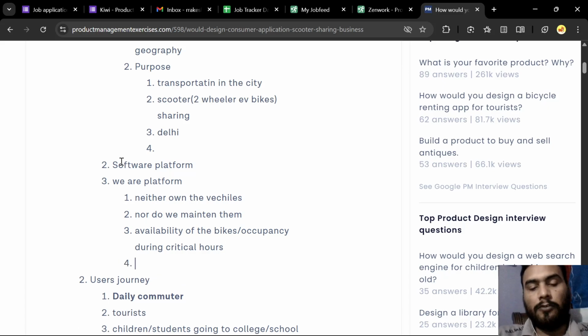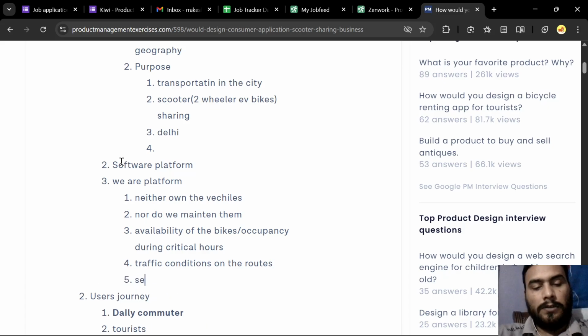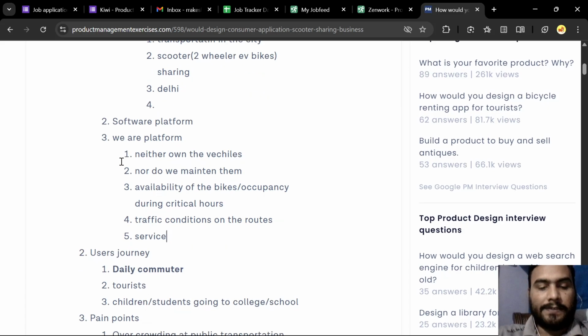And apart from that, we also provide the traffic condition on the roads and the general service for different bike stations.